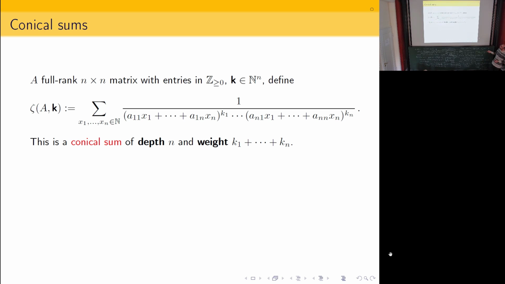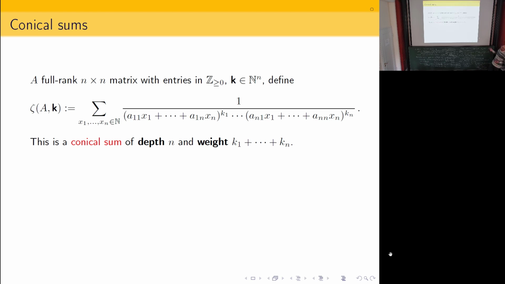Okay, so let's talk about conical sums now. So now I want to take a full rank n times n matrix with entries which are non-negative integers. So these generalize this kind of numbers that we have seen, which had only zeros and ones as entries. And I define a conical sum as this series.